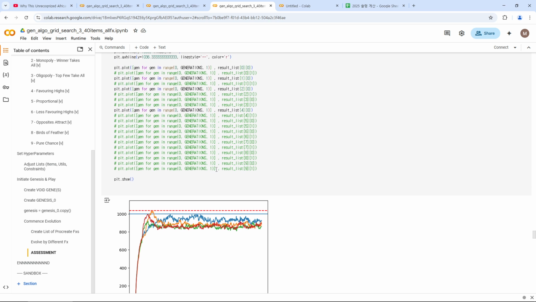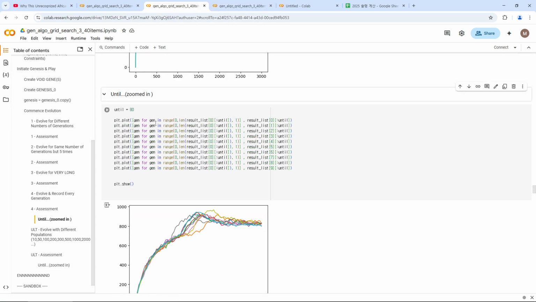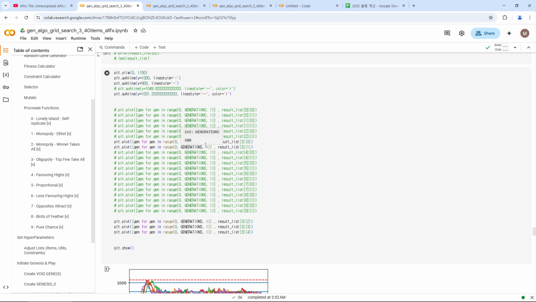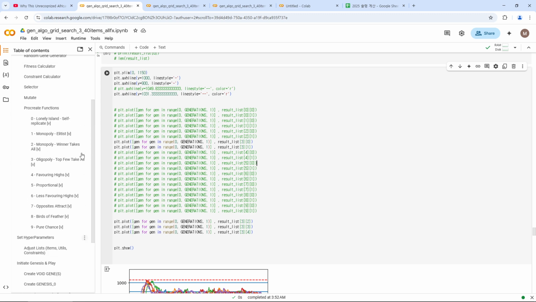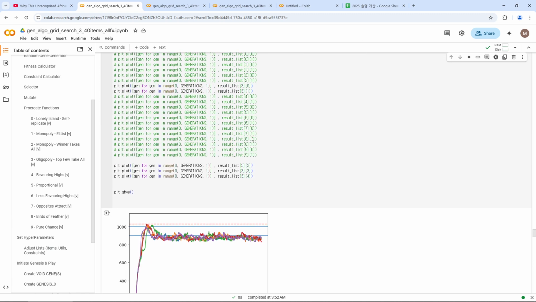That red dotted line was probably for favoring highs, but this time, and the one before this, it turned out that oligopoly also performed quite well, or better, showed higher peaks than favoring highs. I don't know why that is. I'll also have to look into that.